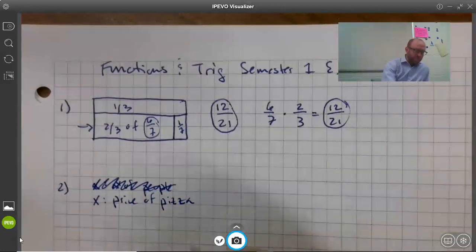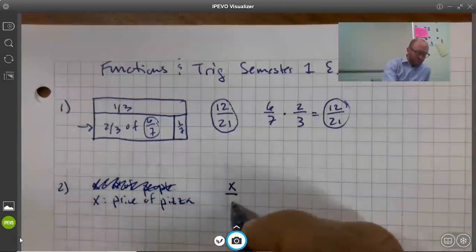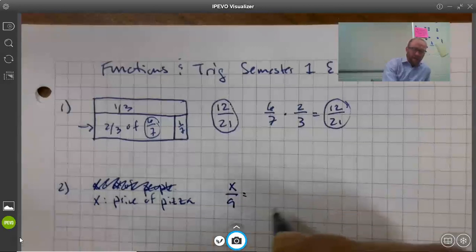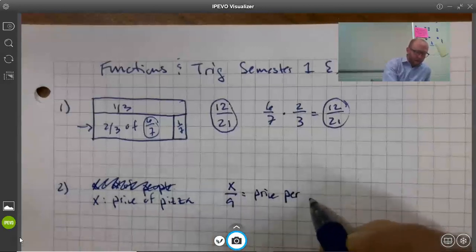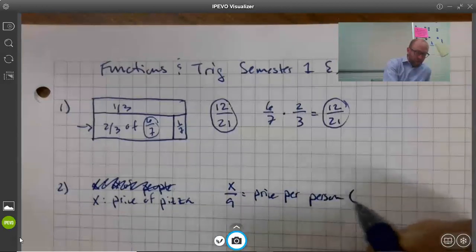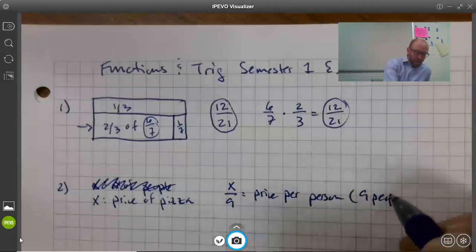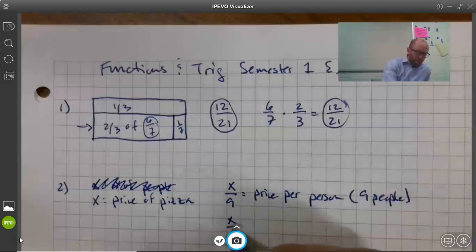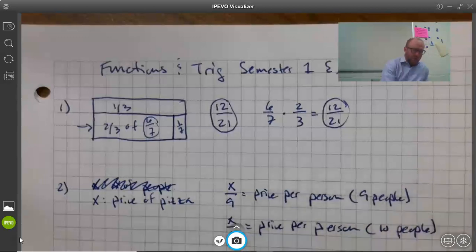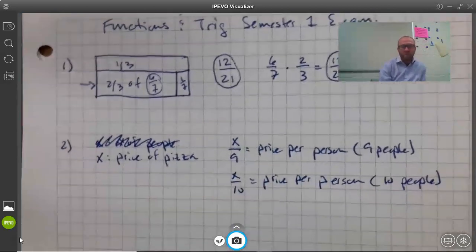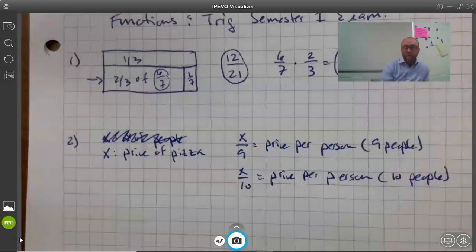And you've got X over 9, which is price per person, 9 people. And we've got X over 10, price per person, 10 people. So the price divided by 9 people, or the price divided by 10 people. And the difference between those is 80 cents.